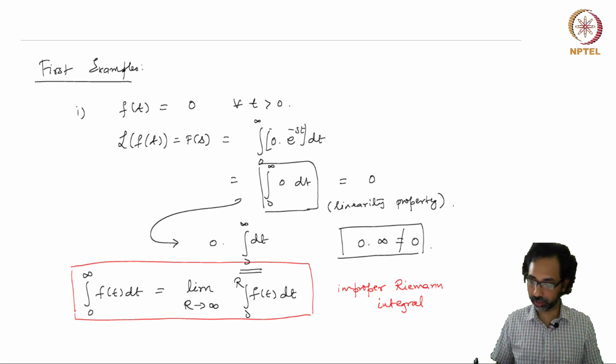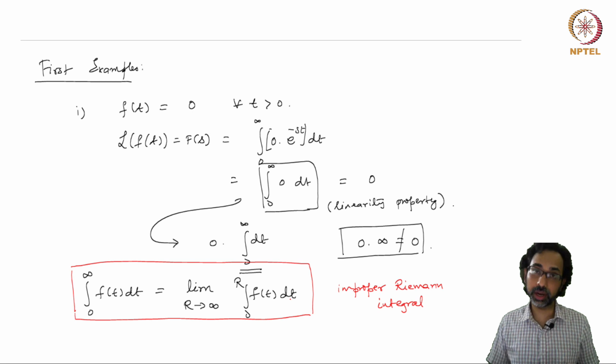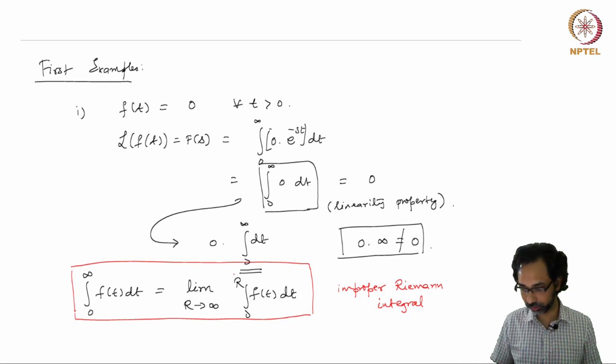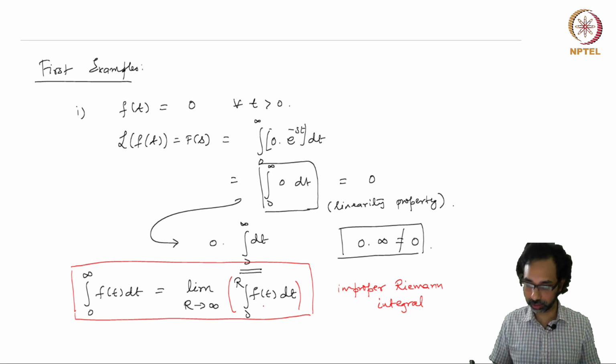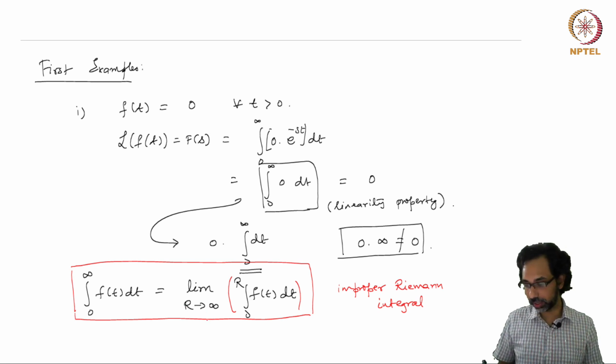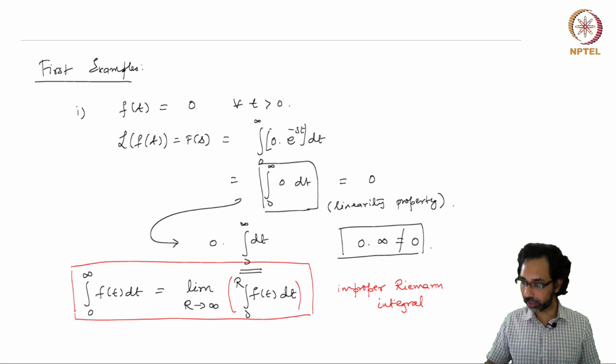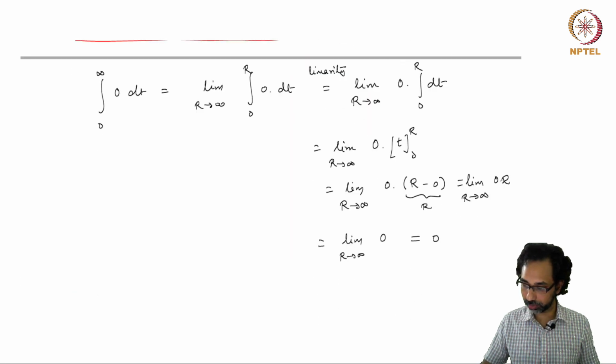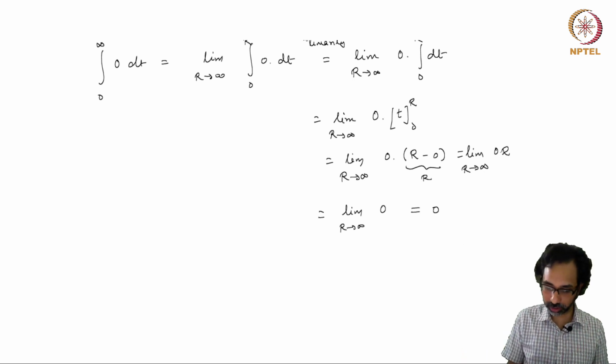It's called improper because the Riemann integral, as you know, can only be defined on intervals of finite length, like 0 to r here. So this expression in the parenthesis is a Riemann integral. But then you have to take a limit as r tends to infinity, and this limiting process may or may not exist. When you take a limit on such unbounded domains, this is called an improper Riemann integral. I'll come back to this a little bit later, but let us first compute some more functions.